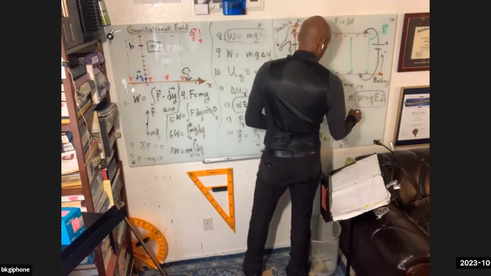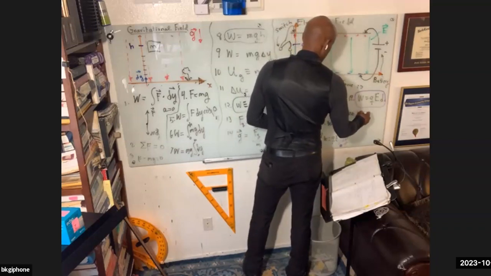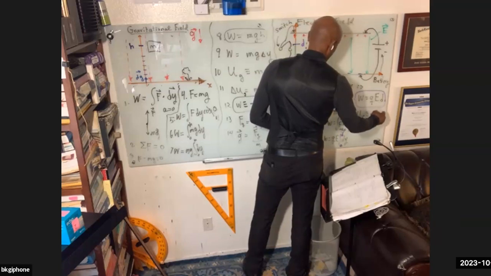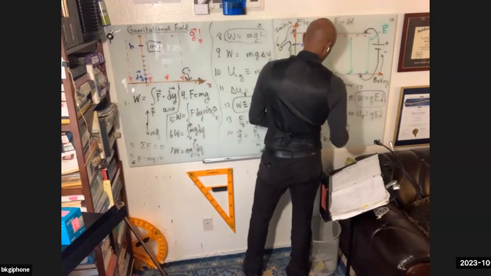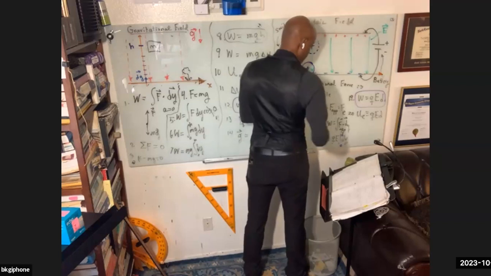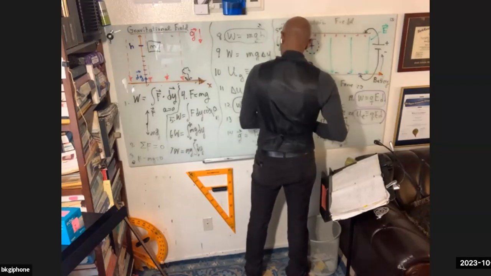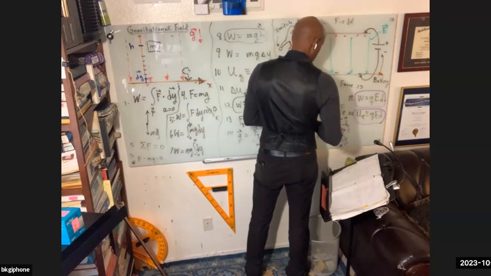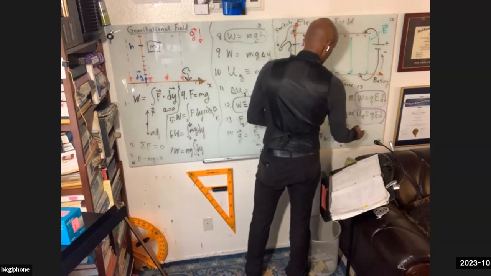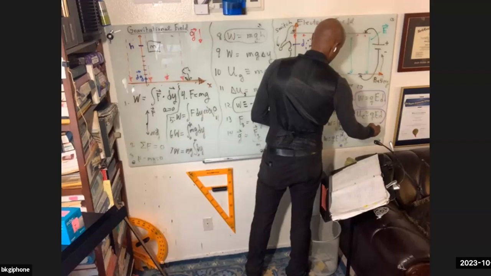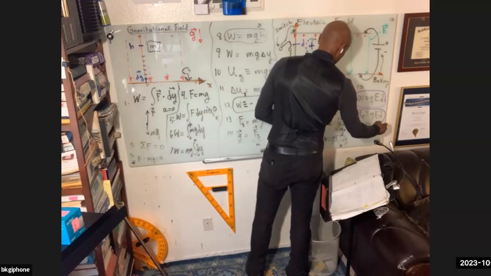So we define UE as QEd, and ultimately then we can say that the work is equal to the negative of the change in electrical potential energy as well.